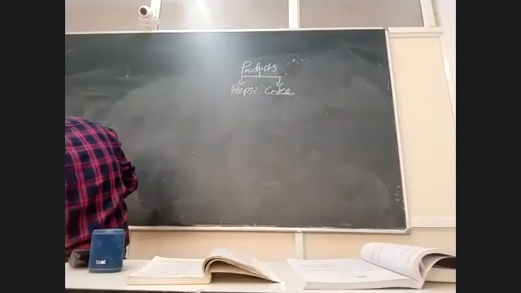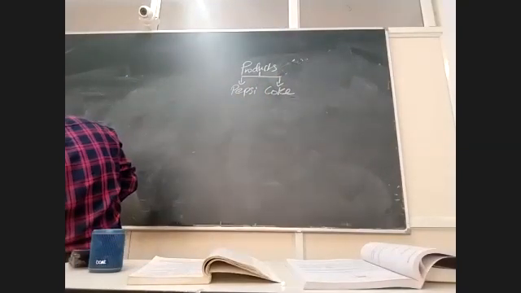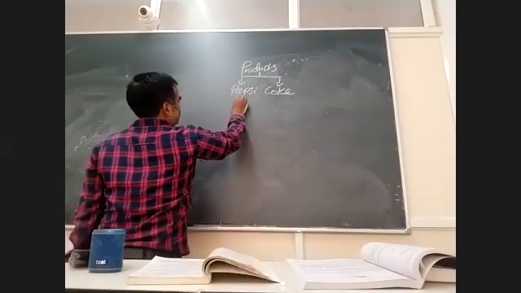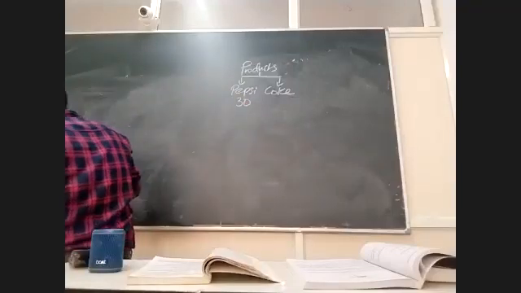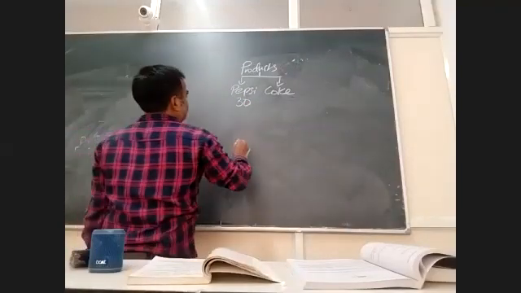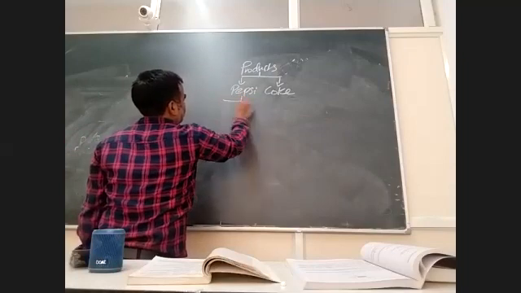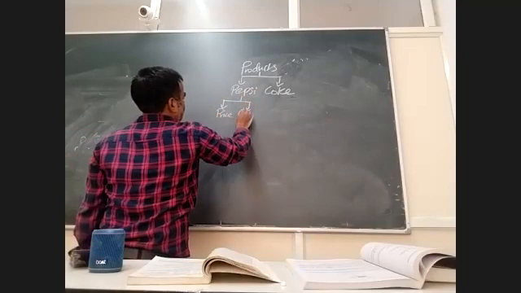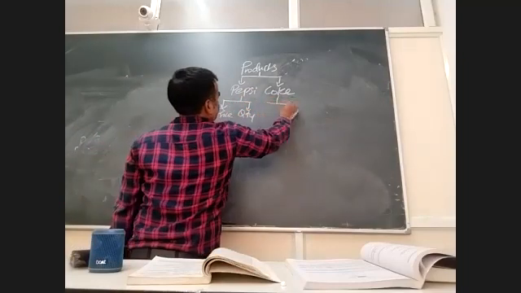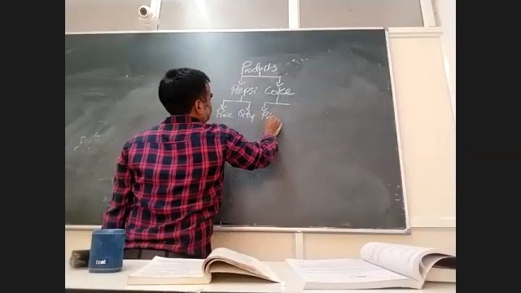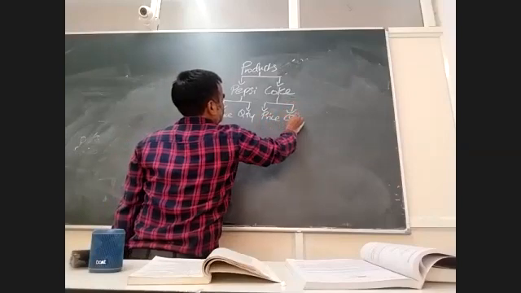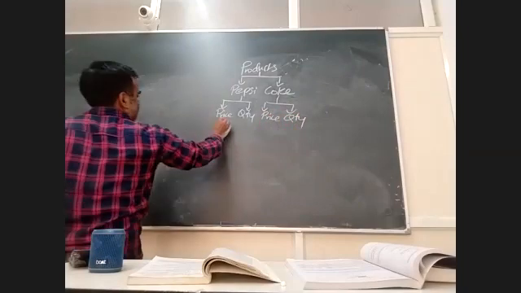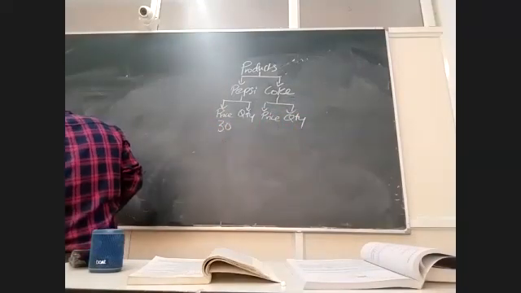So when the price is 30, price and quantity. Here also price and quantity.